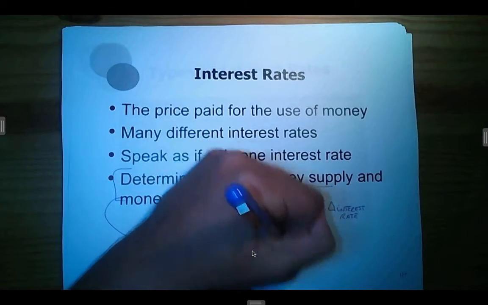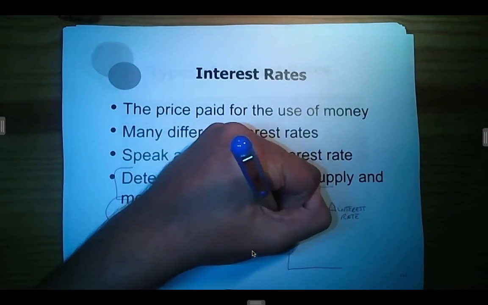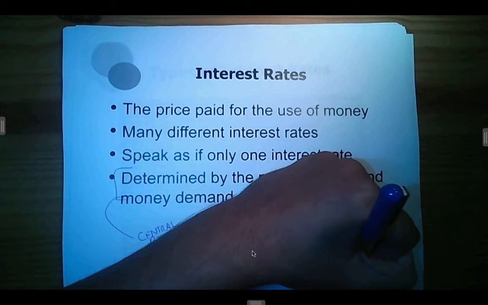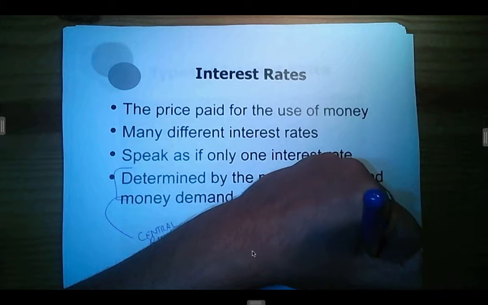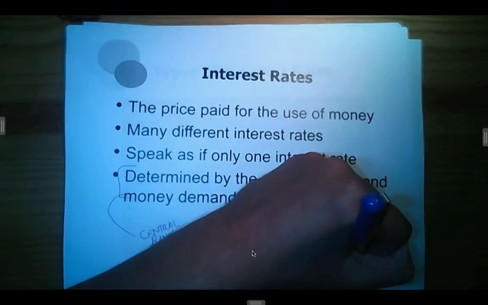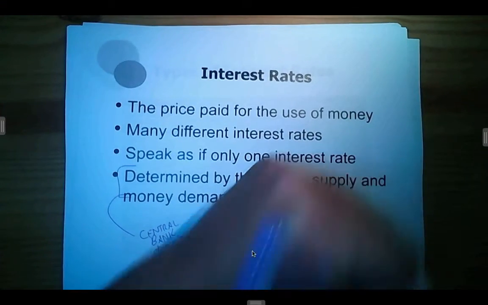And the way that that looks is that I put the interest rate here. It's going to be called R for interest rate. Quantity of money will be on my x-axis. The money demand is downward sloping.